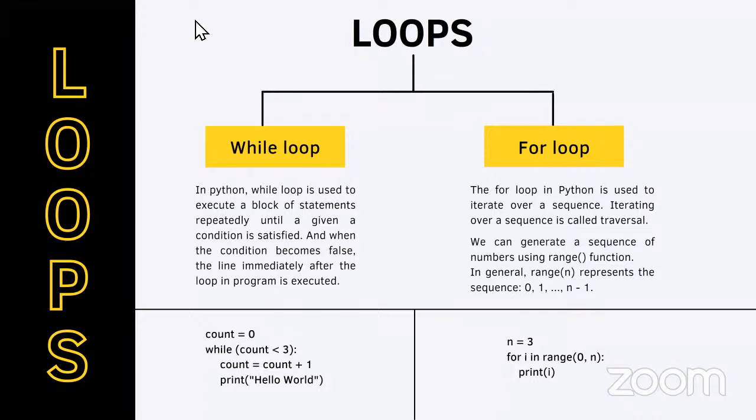So how will this loop work? Here the value of n is 3, for i in range of 0 to 3. So this loop will work for 0, 1, and 2. Can anyone guess the output? 0, 1, 2.